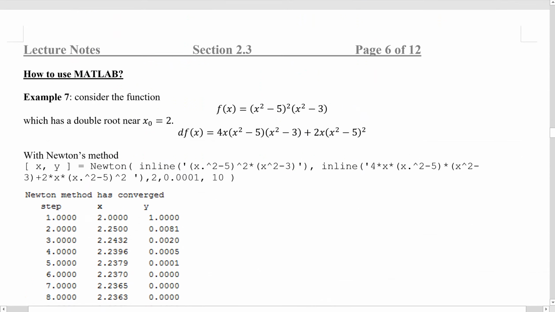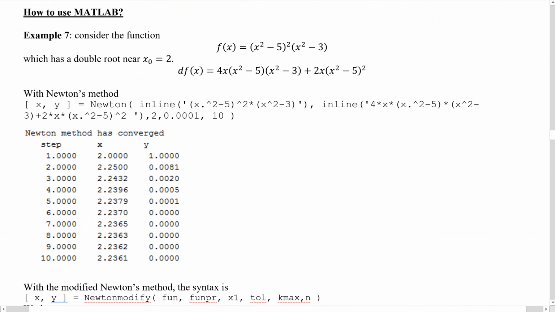Okay, how to use MATLAB. Okay, so consider the following function, f of x, which has a double root near x equals 2. Okay? And what is the derivative of that? Well, here we can use the product rule, right? Derivative of the first guy times second guy plus the first guy times the derivative of the second guy.